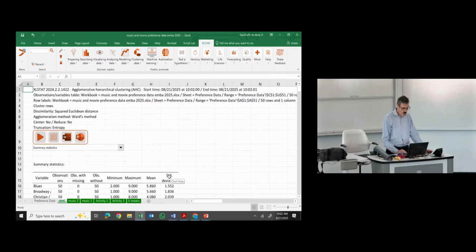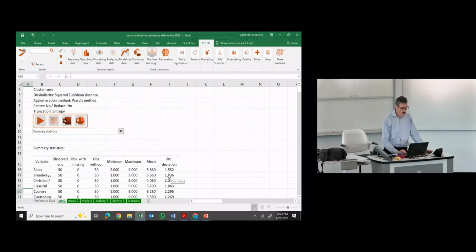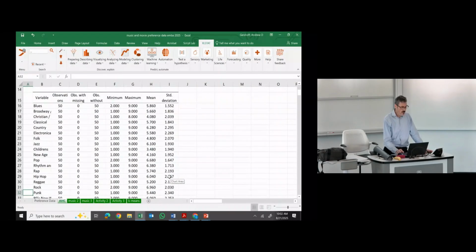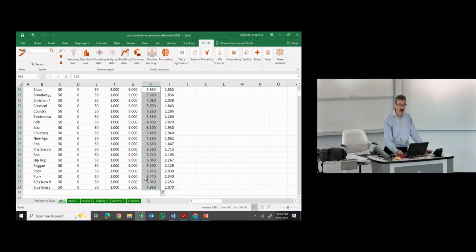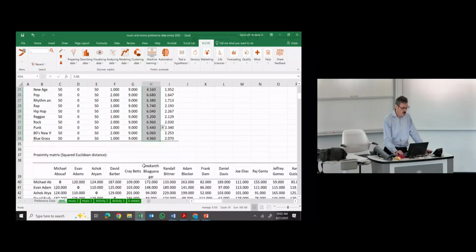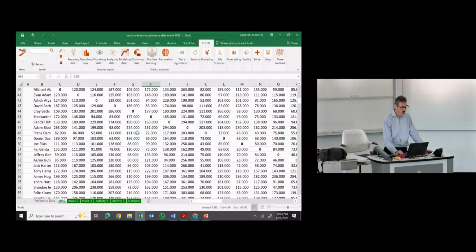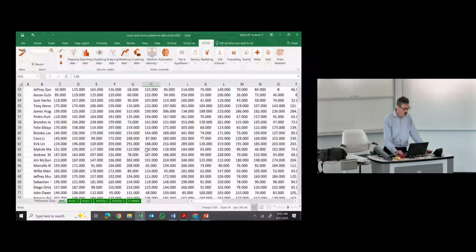For starters, it's giving me the minimum and maximum values on each one of these. I've got the means. This is just like the means that I put on the radar chart across everybody. So that's just general descriptions. And then what it's going to show me is all of the pairwise differences between people. And who did we do?